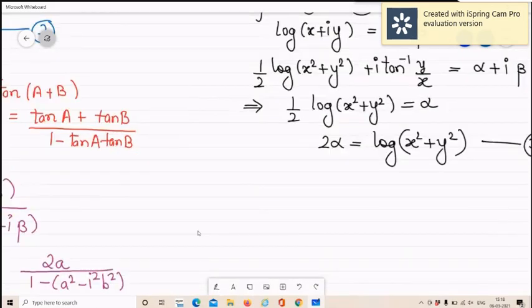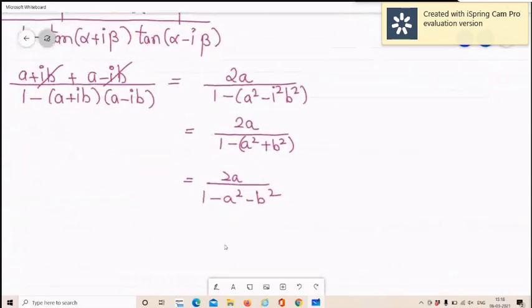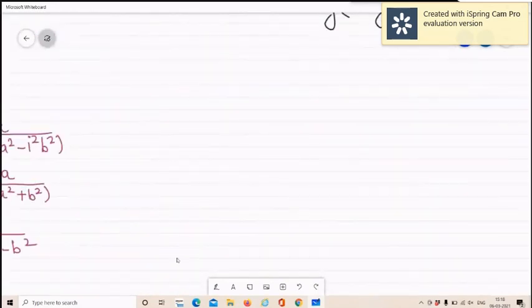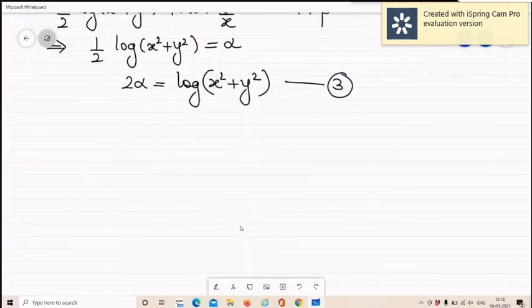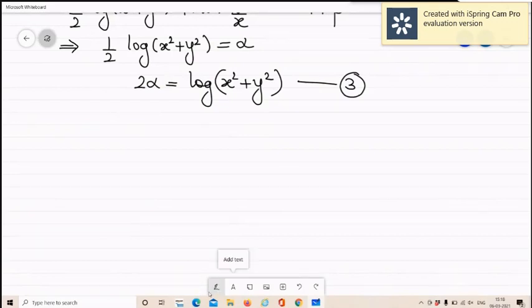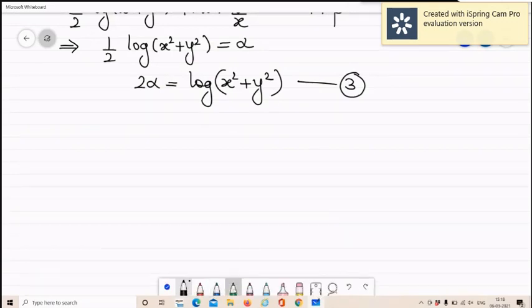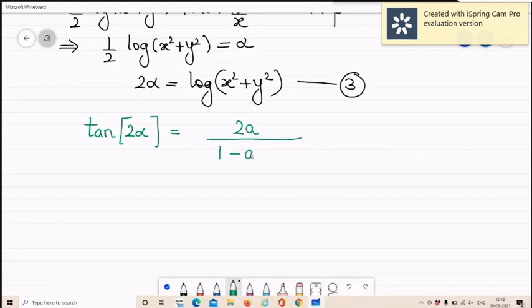And this equation 3 is going to be substituted in there. So what was the relation that we had? The relation that we have is tan of 2 alpha is 2a upon 1 minus a square minus b square.